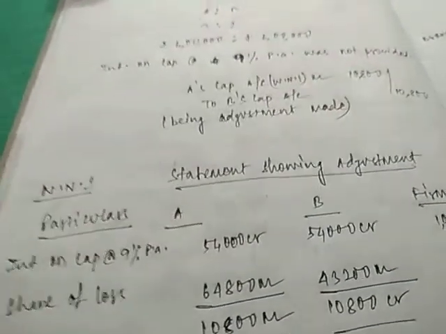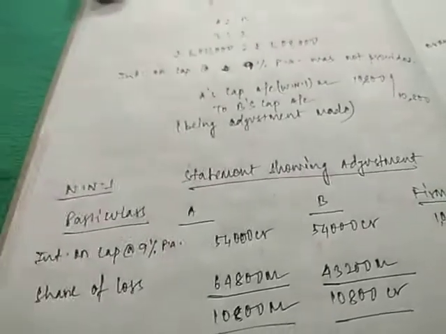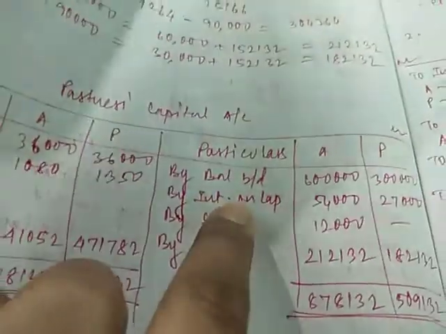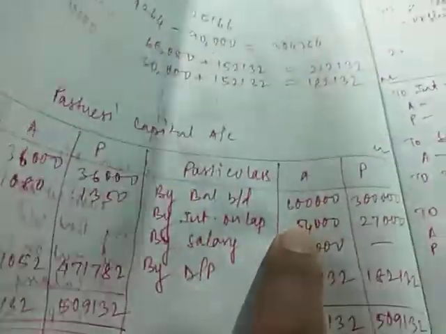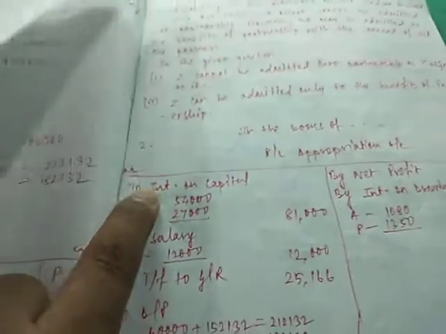In the partner's capital account, where do we write the interest on capital? On the credit side, it is a profit for the partners, an income for them. And in the P&L appropriation account? On the debit side.